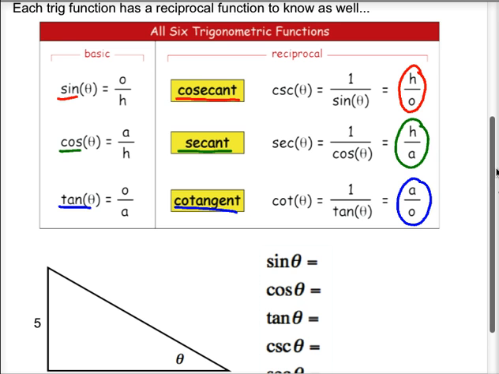So we're talking about just the reciprocal of these ratios, okay, flipping these ratios. Now you may be wondering, how in the world can you remember how to do this? Well, the way that I remember is every pairing needs to have a co to it, all right? So every pairing needs a co. Now what do I mean by that? Well, sine and cosecant, cosine and secant, tangent and cotangent.